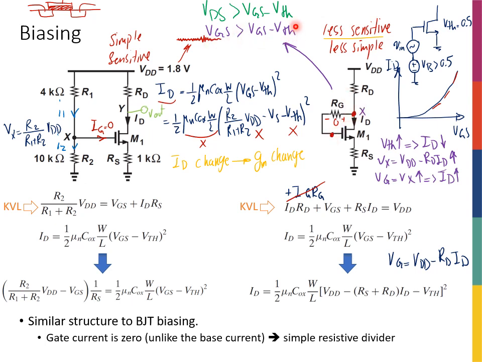And then this inequality is always valid, right? You can see that mathematically VGS is always greater than VGS minus VTH, because VTH is always a positive number, and these two are the same thing. Okay, so that's another benefit of using this. So again, less simple, needs recursive analysis, but it's insensitive to random variations, and also always in saturation.